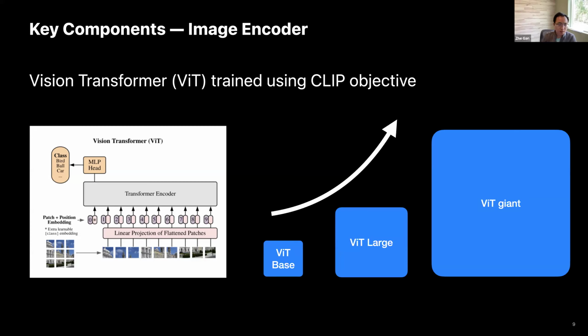There are many variants of vision transformers, for example Swin Transformer, etc. Here we still believe using the plain, simple ViT is the way to go. We also pre-train our in-house vision transformer. Note that all the components in this paper are pre-trained on our own. We train this vision transformer using the CLIP objective, ranging from the base model size up to a huge model size.